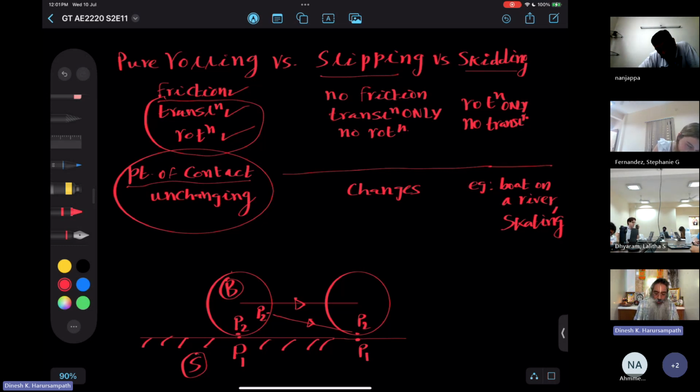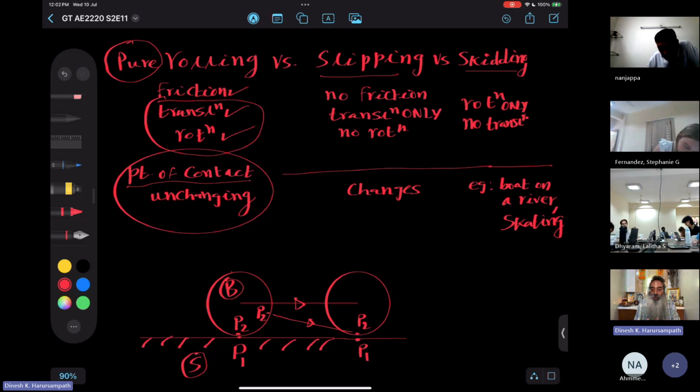Here we were talking of an ideal circle or a circular object, either 2D, in which case it's a cylinder, or 3D, in which case it's a sphere or a ball, and that is essentially moving, right? So the reason why we are qualifying this as pure rolling is because these two aspects, namely the translation of the ball over the surface and its rotation over the surface, are related in a tightly integrated fashion so that neither of them exceeds the other in terms of its contribution to the overall motion.